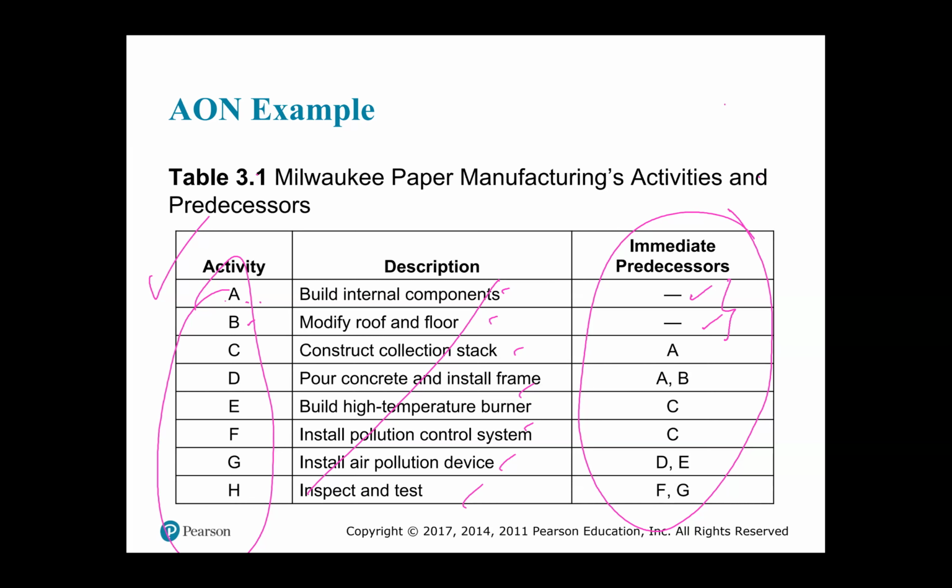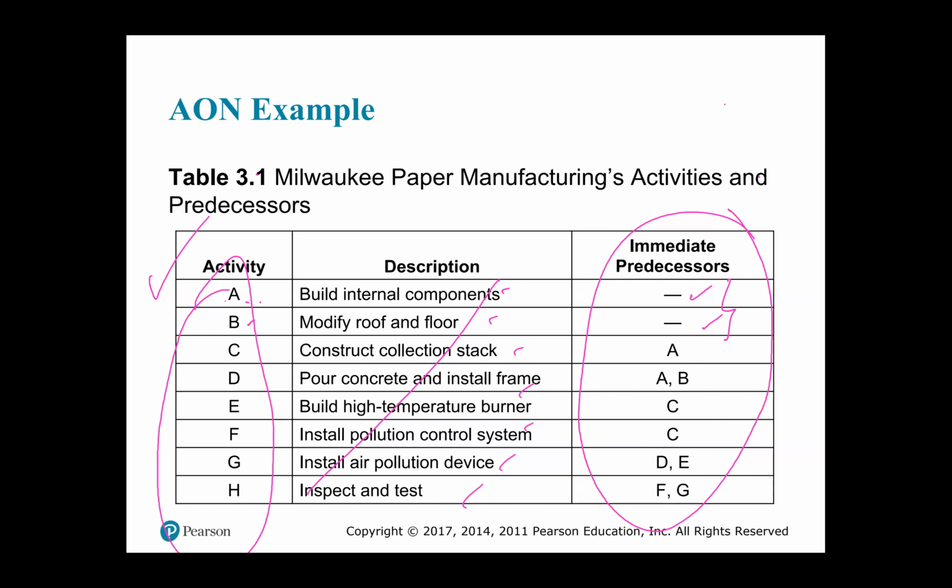That's what that means. Now, do the dashes always appear at the start of the immediate predecessor relationships? No. They can appear anywhere in the listing of the immediate predecessor relationships. It could be at G. If the dash were at G, then it means that G would begin at the start of the project, right?